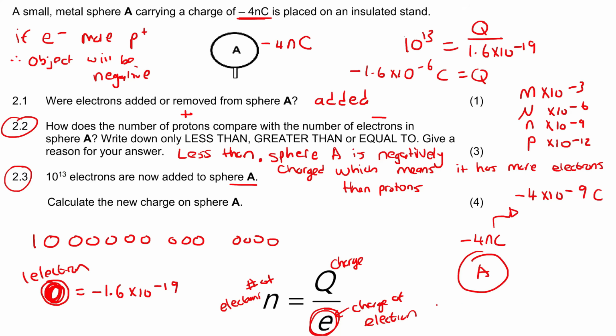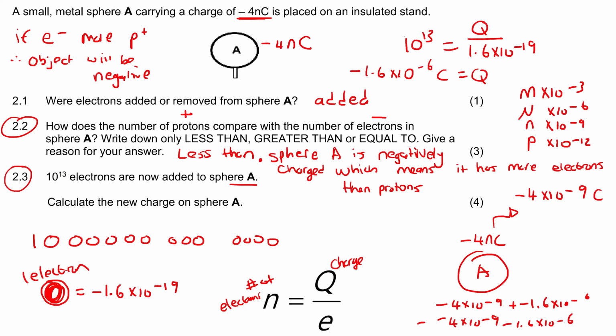Well, you could say -4 times 10 to the negative 9, and then you add that new charge on, and you're going to end up with a final charge of, let's write it up here, negative 1,604 times 10 to the negative 6 coulombs.